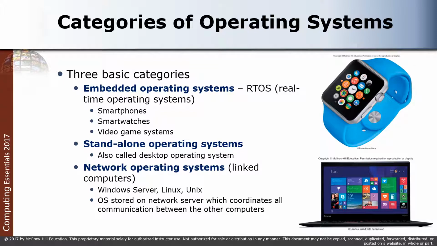Okay, there are three basic categories of operating system. The first one is embedded operating system. Embedded operating systems usually are in small devices, also known as RTOS, real-time operating system, in smartphones, in smartwatches, video game systems.